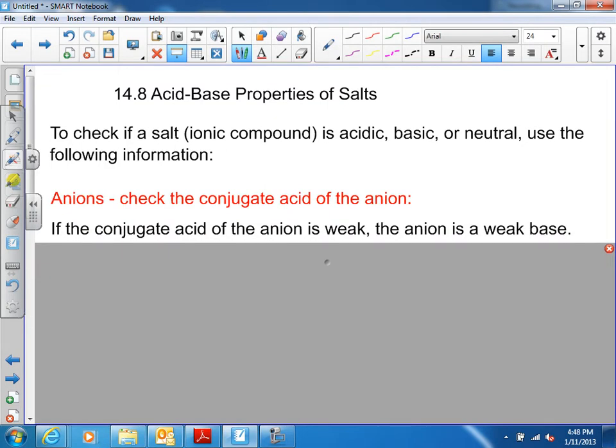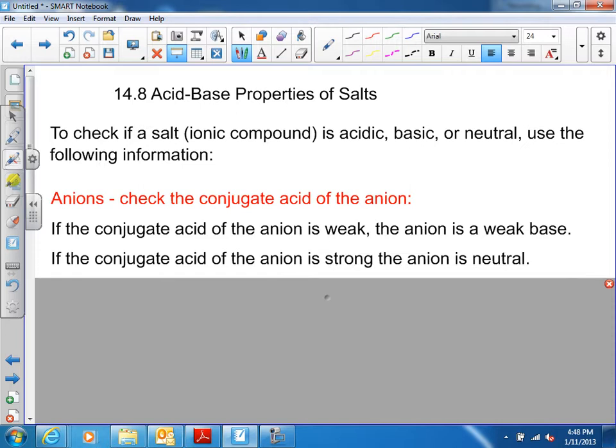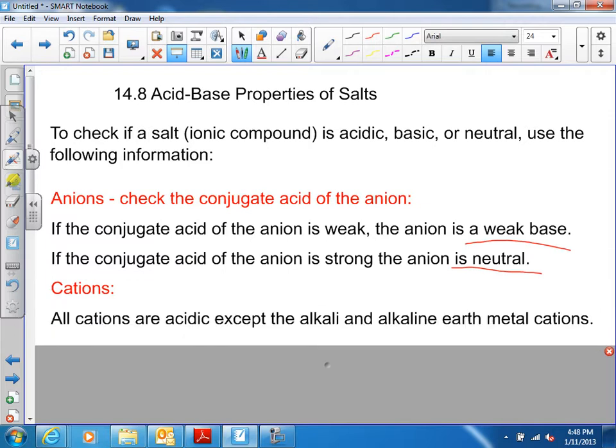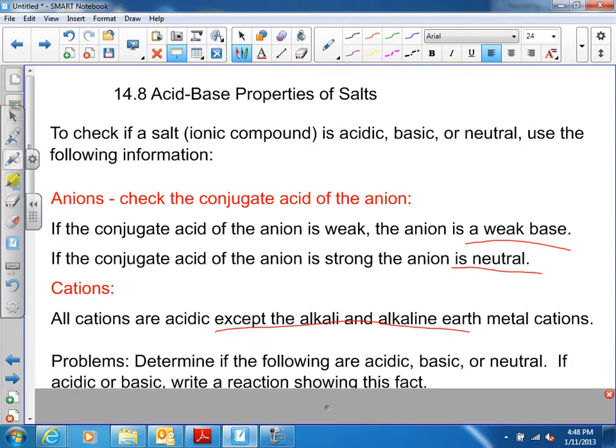So if the conjugate acid of the anion is weak, the anion is a weak base. If the conjugate acid of the anion is strong, the anion is neutral. Cations. All cations are acidic, except alkali and alkaline earth metal cations.